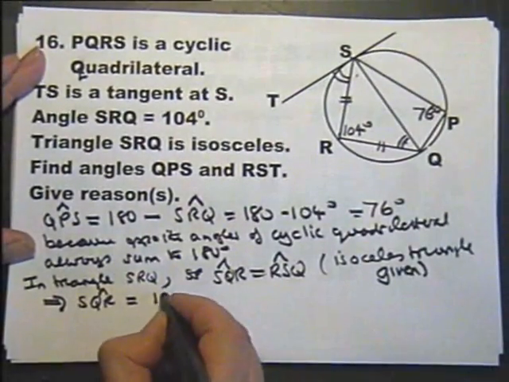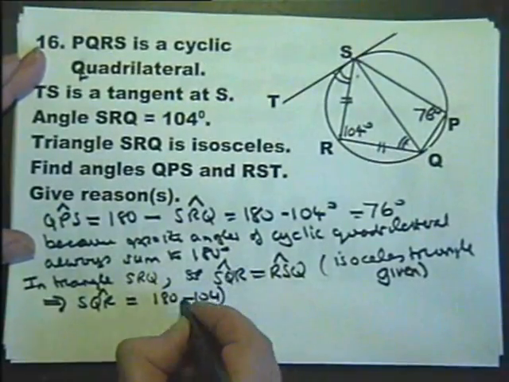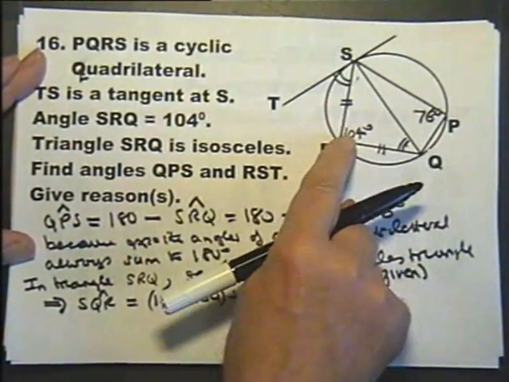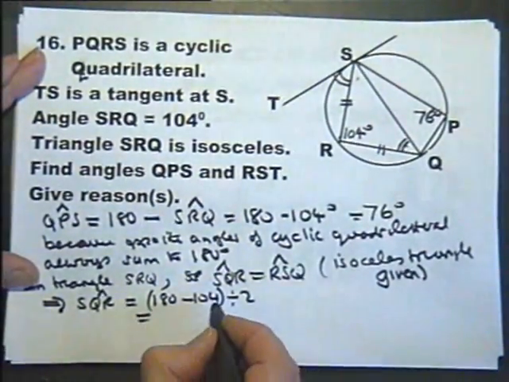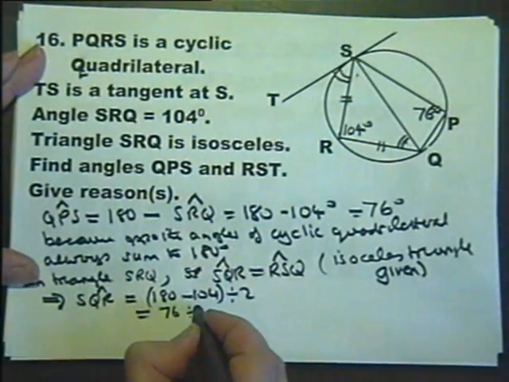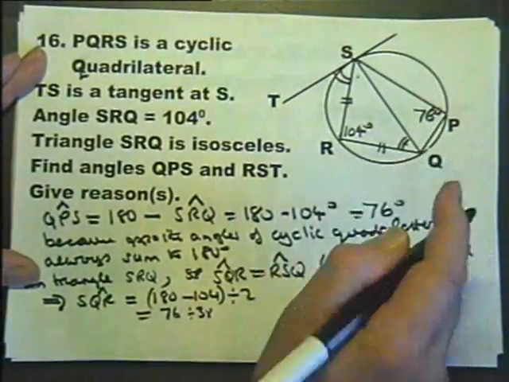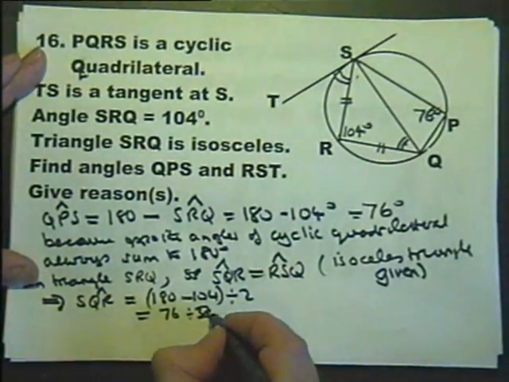equals 180 minus 104, divided by 2. I take 104 away from 180 and share it between those two angles. So that is 76, divided by 2.